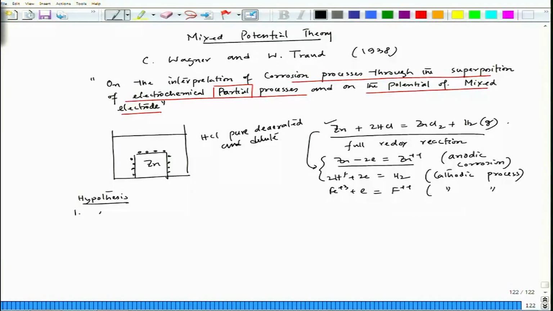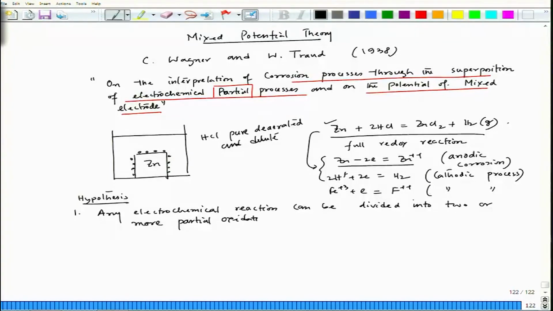This says that any electrochemical reaction can be divided into two or more partial oxidation and reduction reactions.